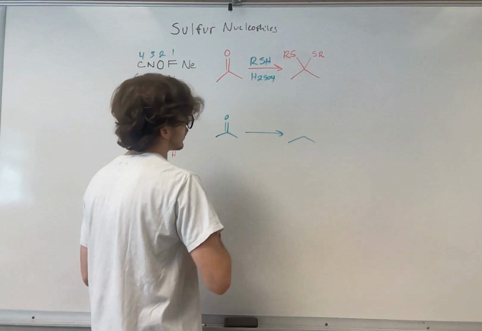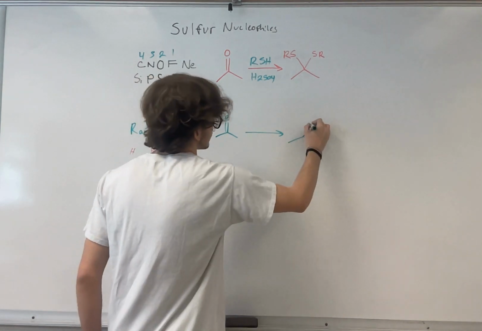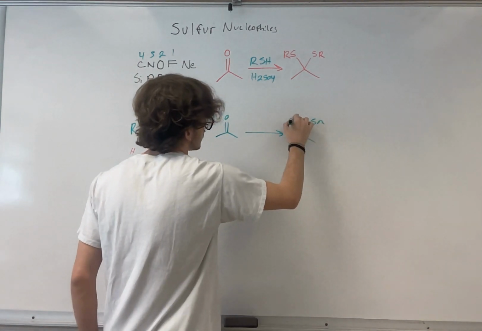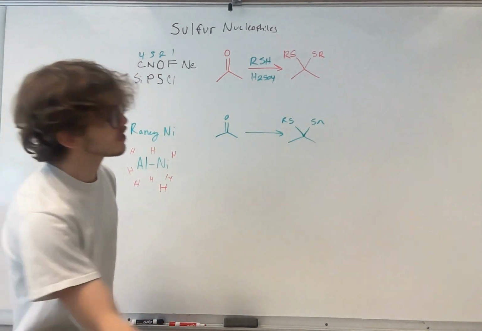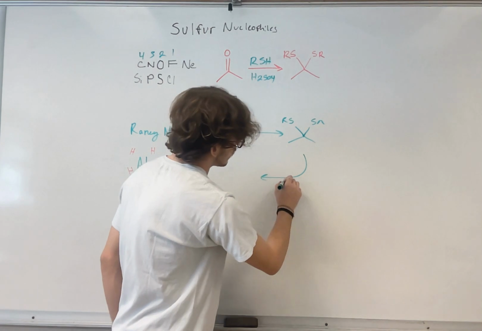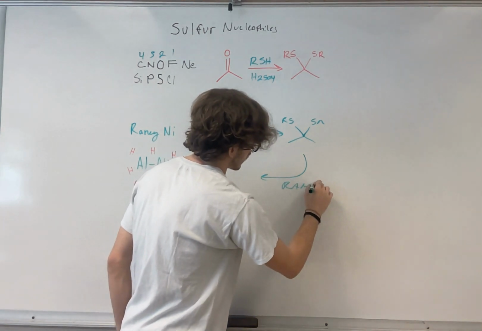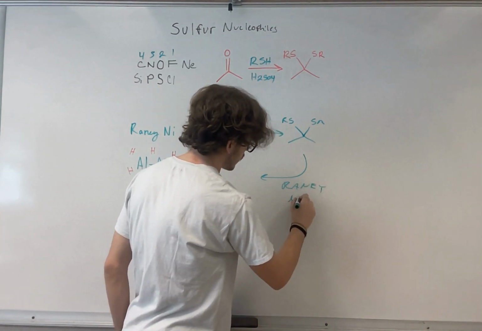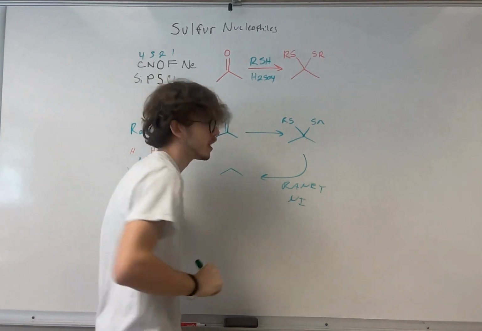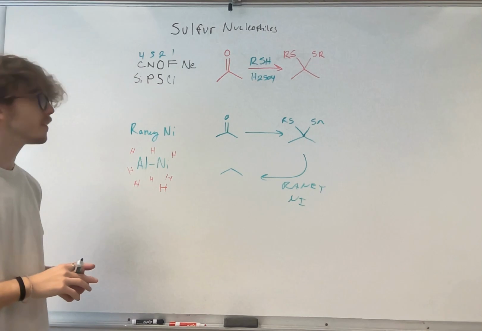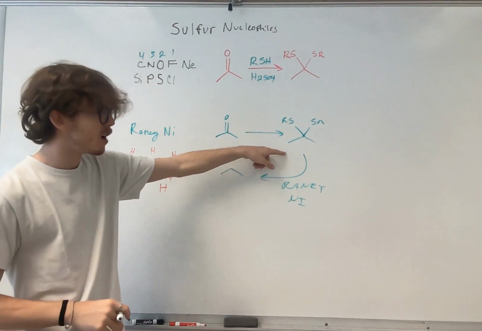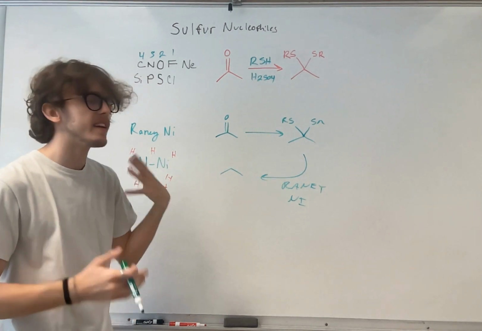So let's say we convert our ketone into a thioacetal, right? Using the methods just explained. Now what I want to do is use something called Raney nickel. Raney nickel. And that's going to give us an alkane. Right, so we make a thioacetal, we use Raney nickel, and we get an alkane.